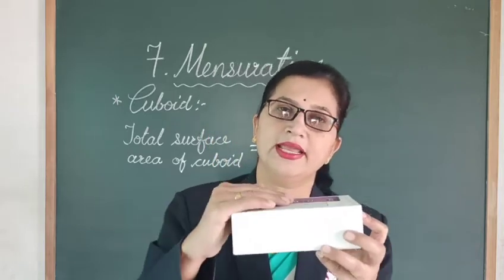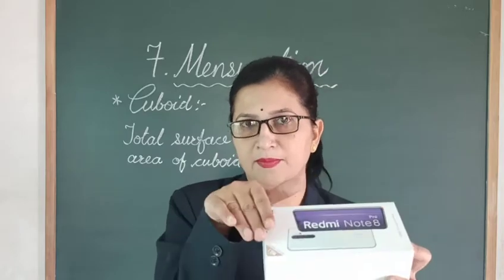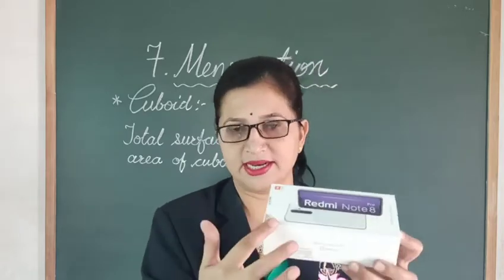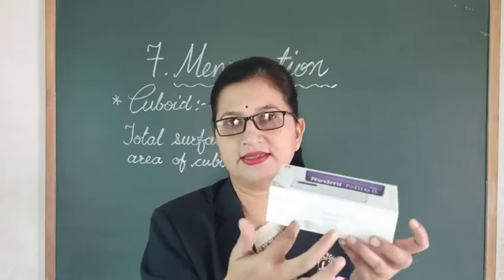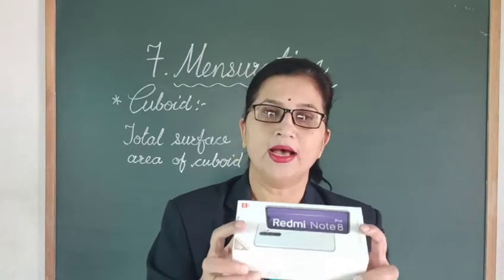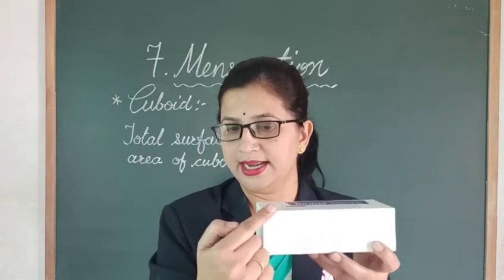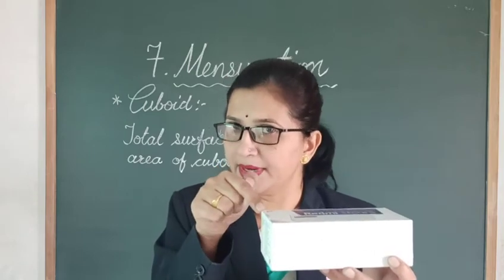Now, to get the area of this top face: as each face is rectangular, we'll use the area of a rectangle, that is length into breadth. To get this area, this is the length and this is the breadth.